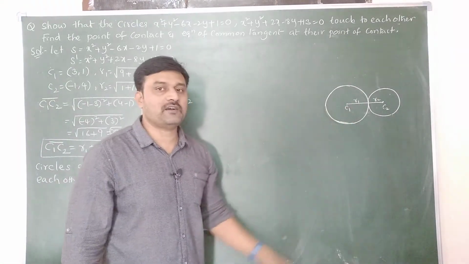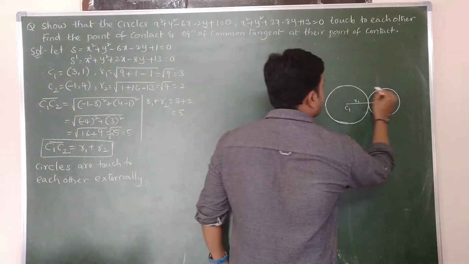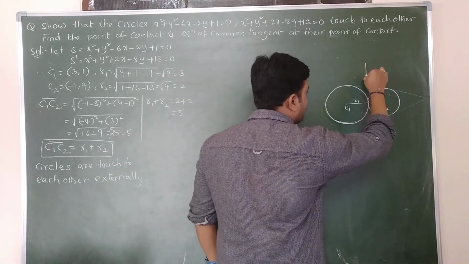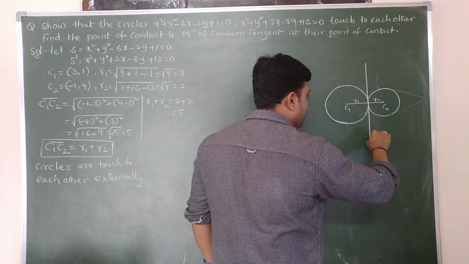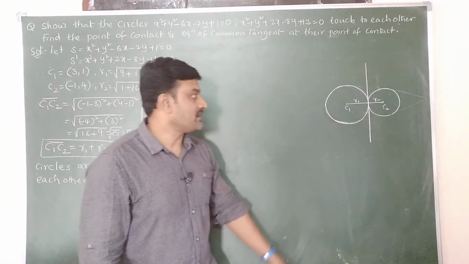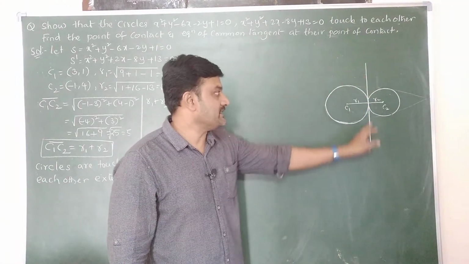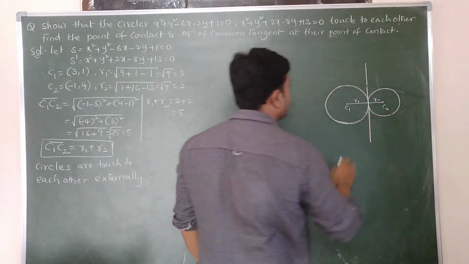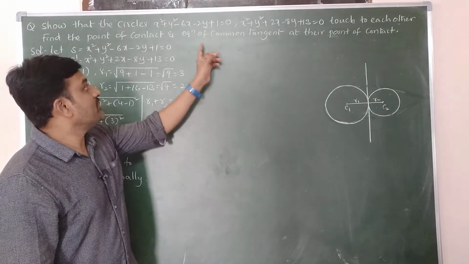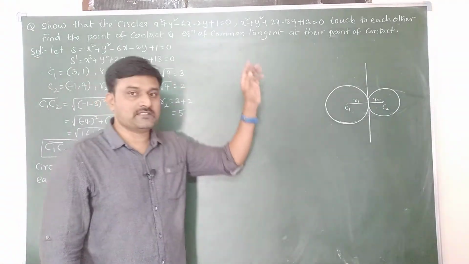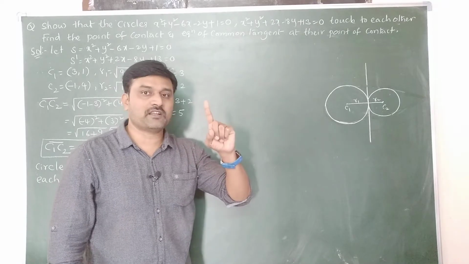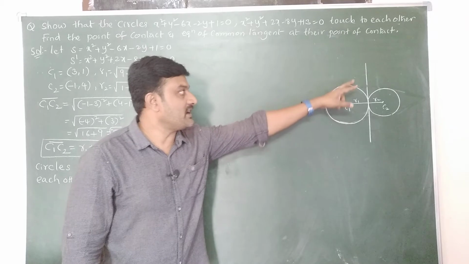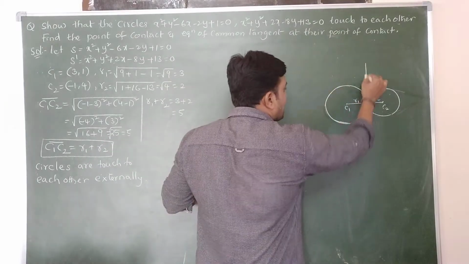Then there are actually three common tangents: 2 direct common tangents and 1 transverse common tangent. But here we need only one common tangent, because they ask for only one equation of common tangent. That is nothing but the transverse common tangent, like this.